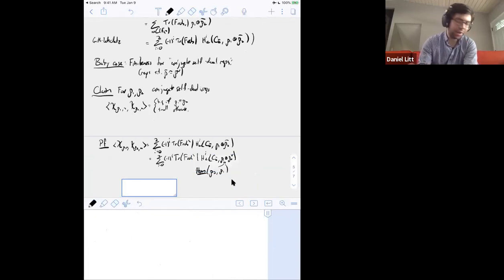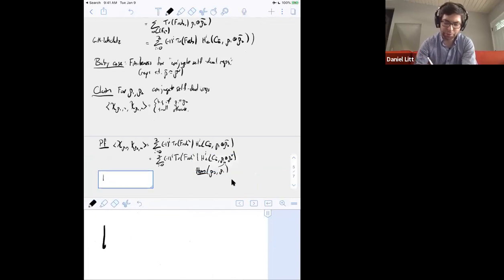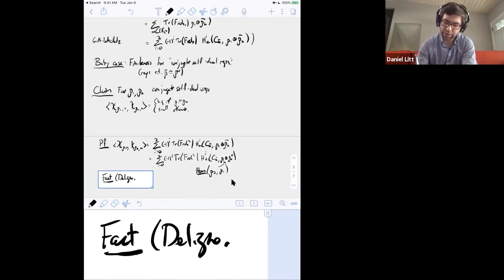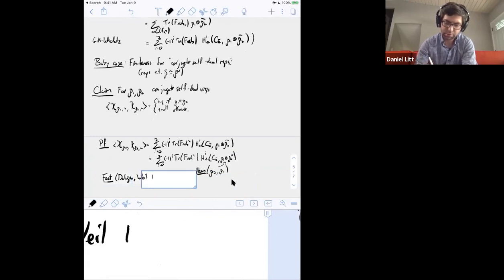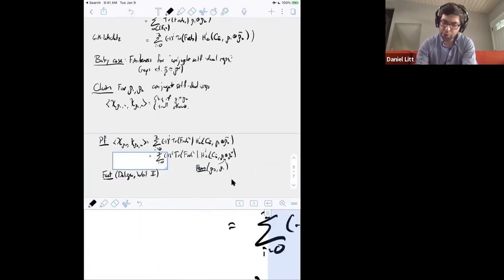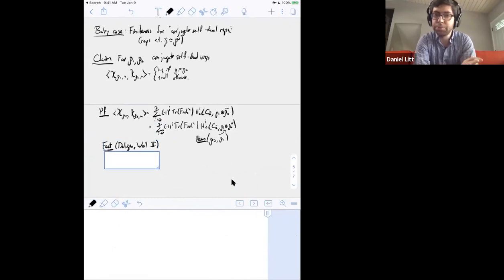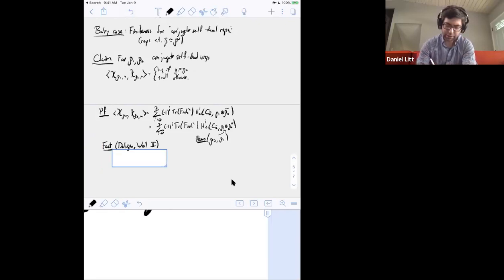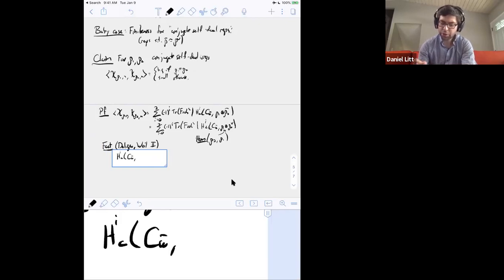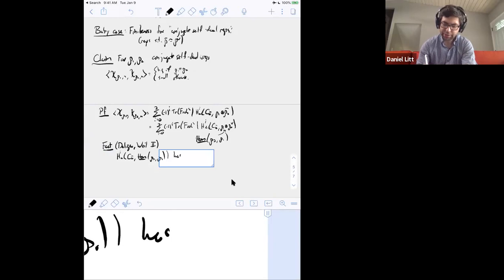Okay, so now we're finally going to use one of the most fundamental facts in arithmetic geometry, which is also due to Deligne in Weil 2. So rho_1 and rho_2 both have weight 0, because I'm always working with such things. The fact Deligne shows is that if you take H^i with compact support of C_K-bar with coefficients in anything of weight 0, so in particular Hom from rho_2 into rho_1, this has weight i.